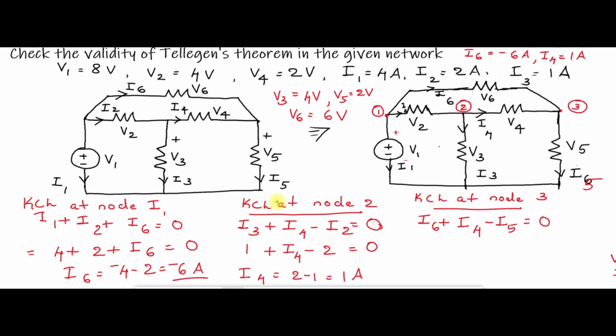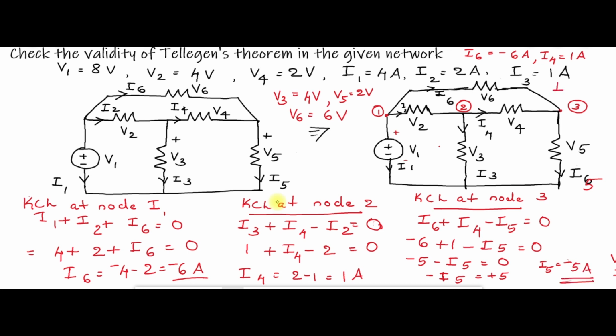I6 you got as minus 6, I4 you got as 1 and I5 is unknown. So you have to determine I5 from node 3. Minus 6 plus 1, which is equal to minus 5, minus I5 equal to 0. So minus I5 is equal to plus 5. I5 is equal to minus 5 ampere. So you got all currents now.